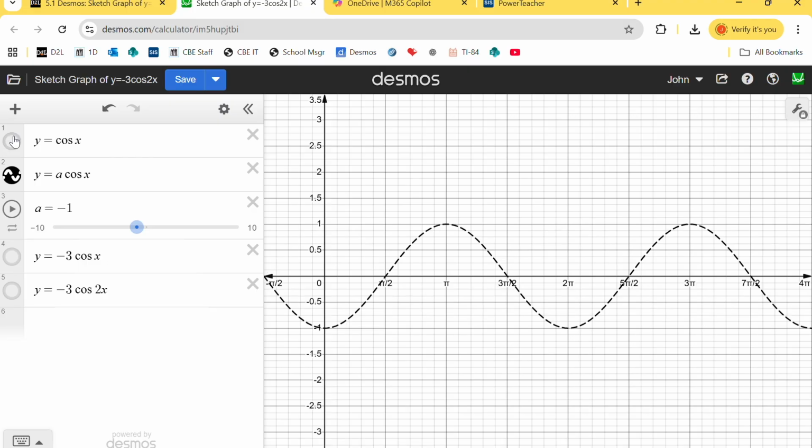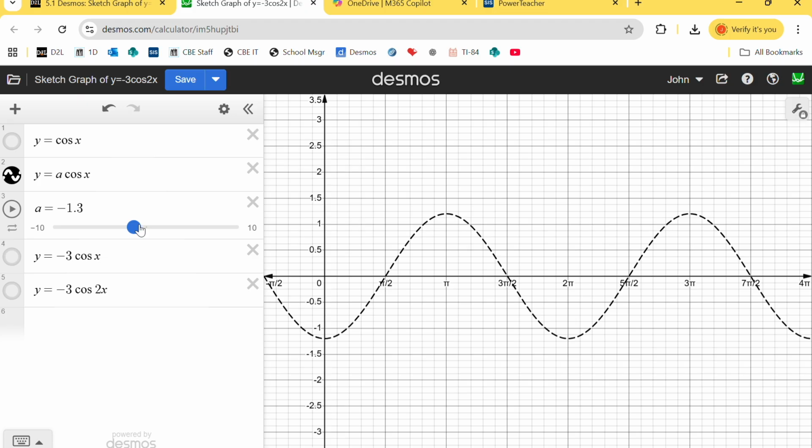So we're at y equals negative cosine of x. The next thing to do is I'm going to go y equals -3 cosine of x, right? So -3 cosine of x is an a value of -3. So if I turn this on, we should expect all the peaks and troughs to elongate in the vertical direction by a factor of 3.